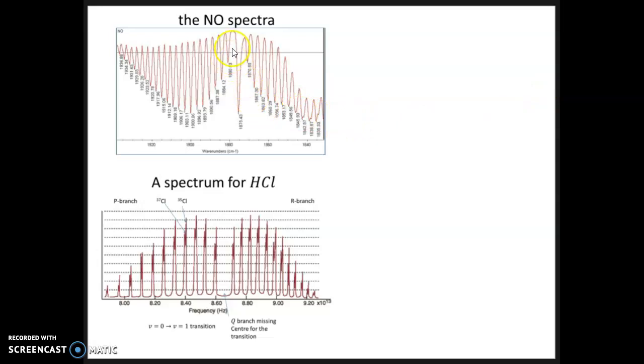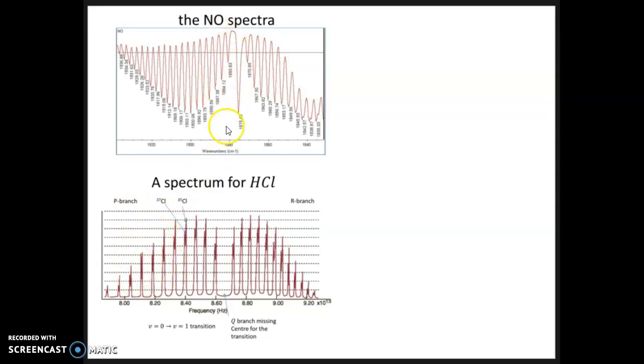This is an example of an NO spectrum where the Q branch is allowed. Here is another example where the Q branch is not allowed. So we have the R branch, which is at higher frequencies, and then the P branch at lower frequency.